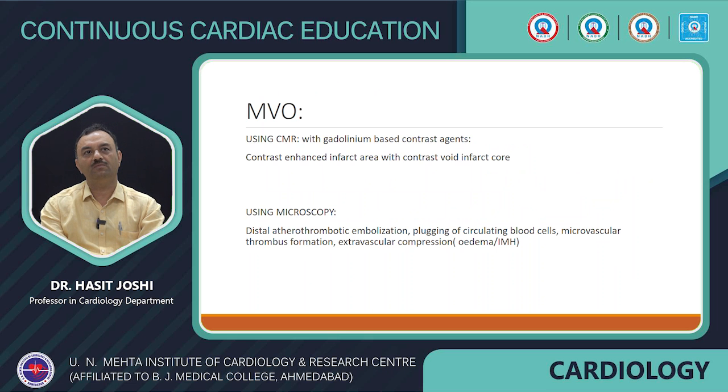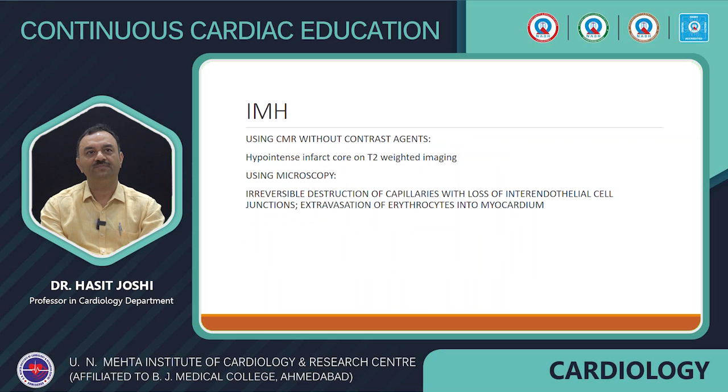Now, microvascular obstruction using cardiac MRI with gadolinium-based contrast agent shows a contrast-enhanced infarct area with a contrast void infarct core. Using microscopy, we can see distal atherosclerotic embolization, plugging by circulating blood cells, microvascular thrombus formation, and extravascular compression in the form of intercellular edema and intramyocardial hematoma.